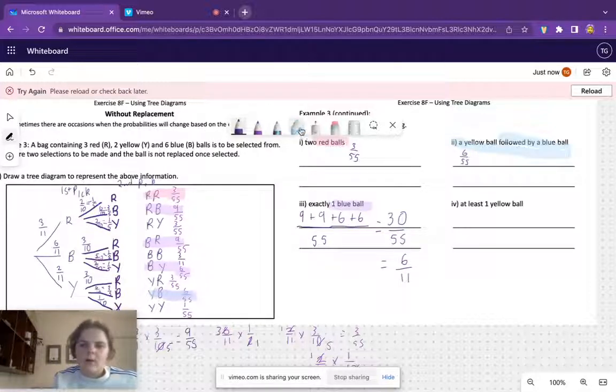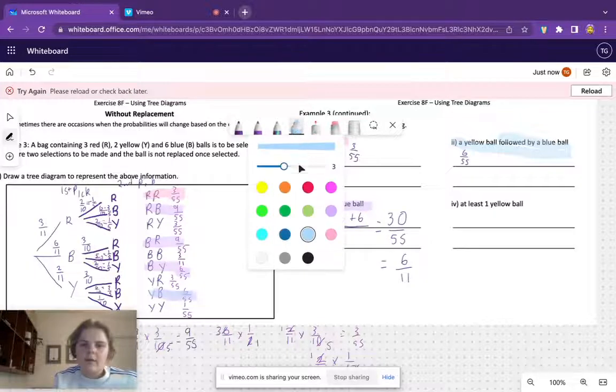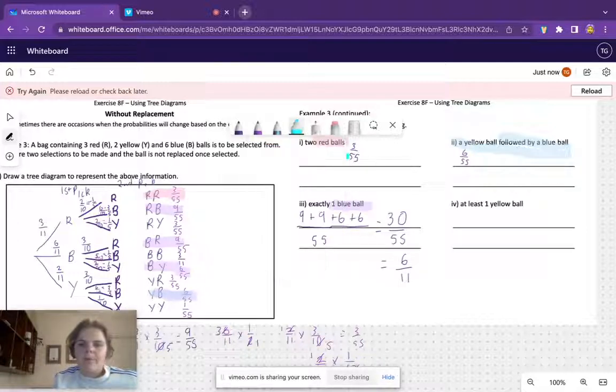At least one yellow ball. So let's see how many have at least one yellow ball. We've got this option, and then all of these. Nice. Again, all of these are on a common denominator.